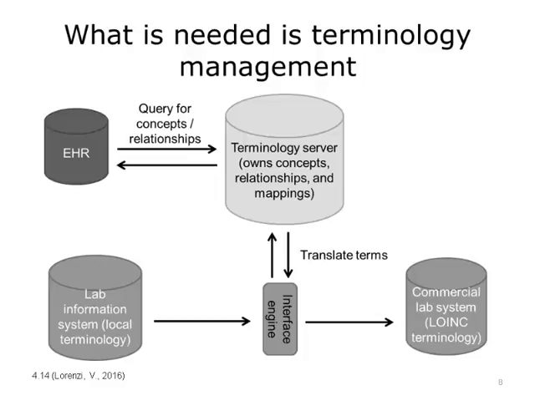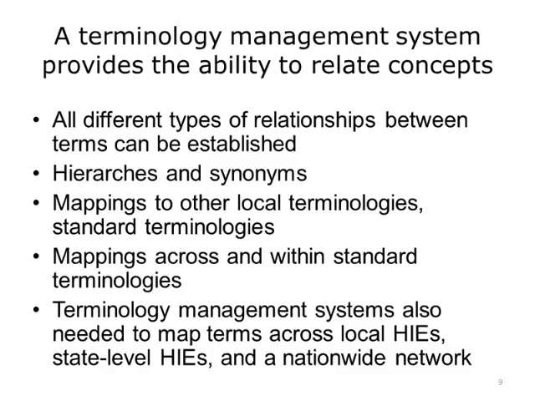There are several vendor terminology management systems available, and some academic medical centers have built their own in-house terminology management systems as well. A terminology management system can relate concepts. All different types of relationships between terms can be established. You can have hierarchies, synonyms, mappings to other local terminologies, mapping to standard terminologies, and mapping across and within standard terminologies.